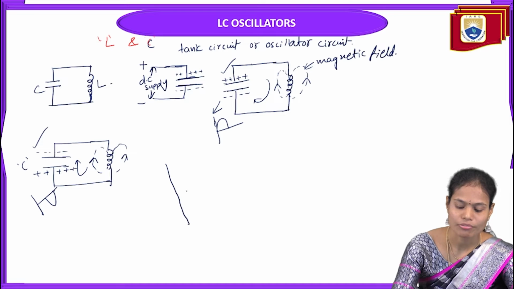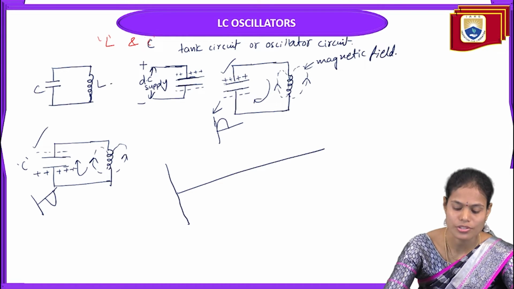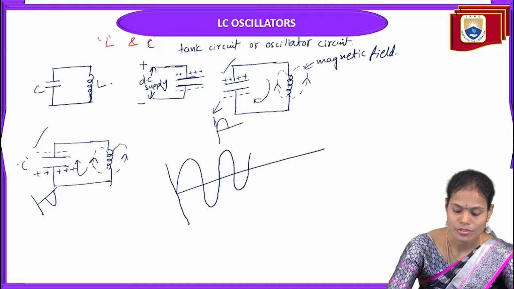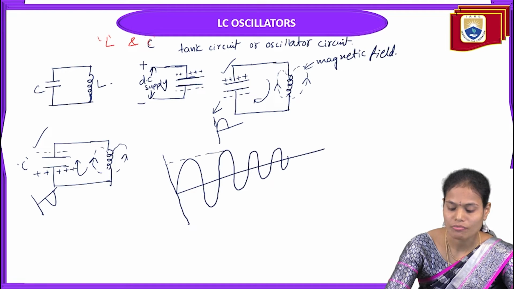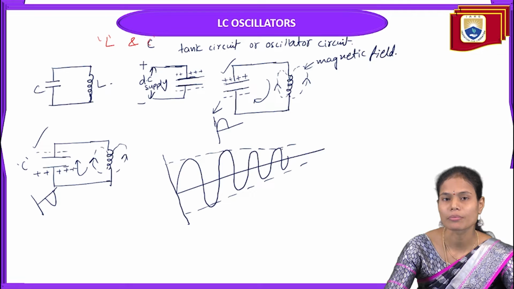The type of oscillations we can expect from this particular tank circuit is underdamped oscillations, in this way. In the case of underdamped oscillations, the amplitude of the signal is decreasing. These are the kind of signals we get from LC tank circuit oscillators.